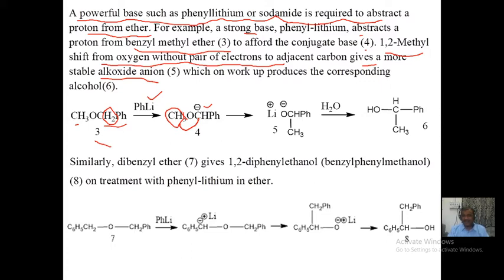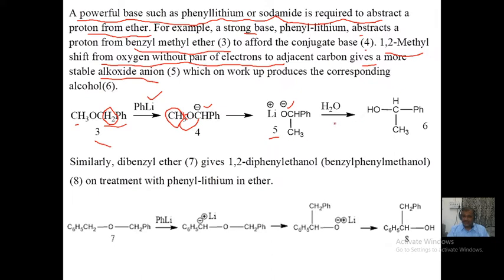Therefore, it is a 1,2 shift from oxygen to the adjacent carbon atom, which is connected to this ether oxygen. Not only that, friends, this methyl left; there was a bond between this oxygen and methyl, without its electron. So this oxygen becomes negatively charged, and it is of course counterbalanced by lithium from the phenyl lithium, friend. So this is structure number 5, friends, right.